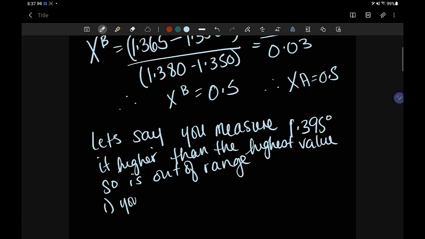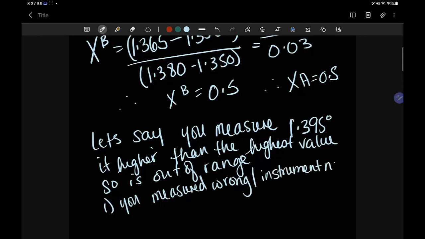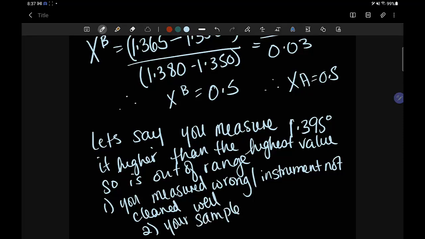If your values are outside of the range of the two standard values, like it's much higher than the highest one, or much lower than the lowest one, that means there's something wrong with your sample.